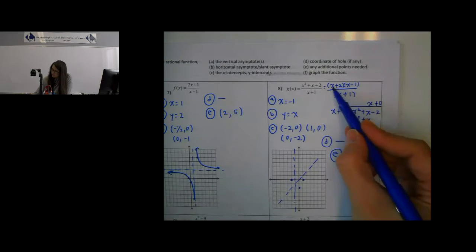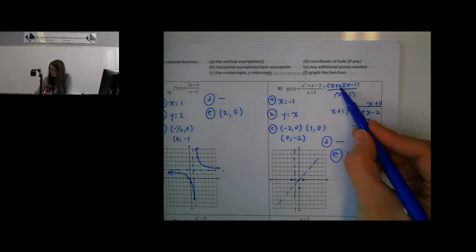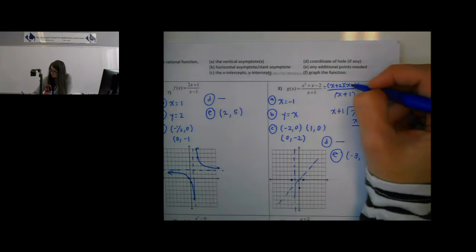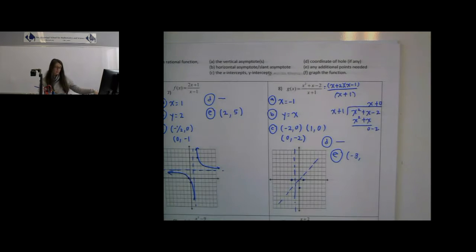Let's plug in another point over here. Let's plug in negative 3. Negative 3 plus 2 is negative 1. Or here, I guess we could square it. That'll be a little bit easier.